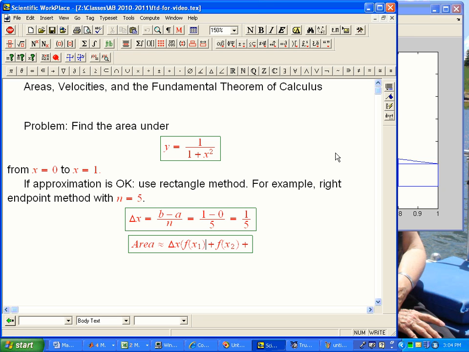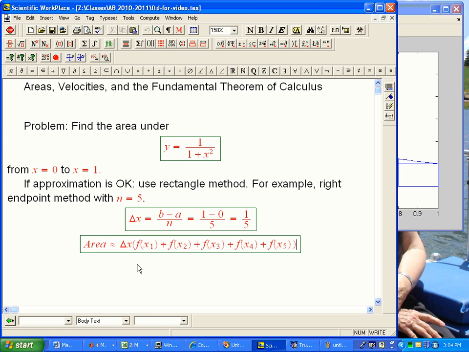So f of x1, f of x2, plus f of x3, plus f of x4, plus f of x5.